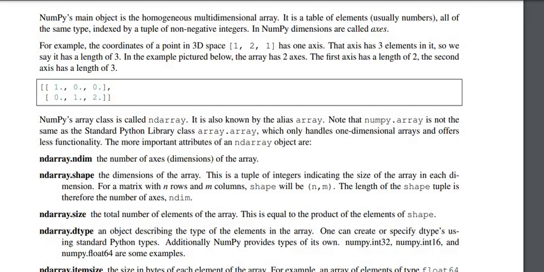ndarray.size is the total number of elements of the array. If it is 3 cross 5, that is 15 elements. ndarray.dtype is the type of elements in the array.